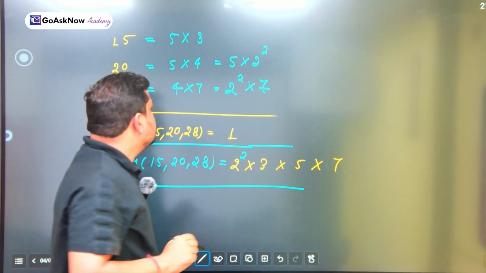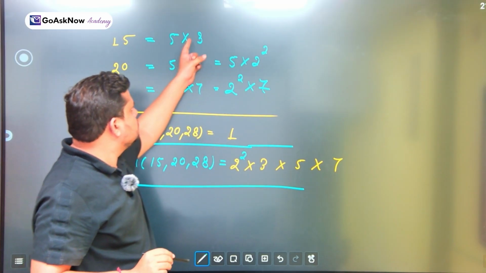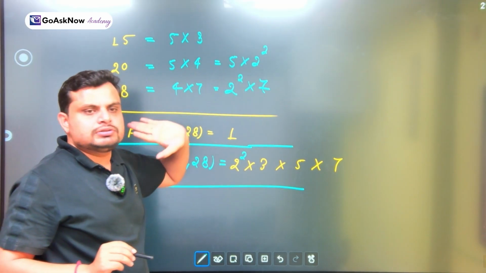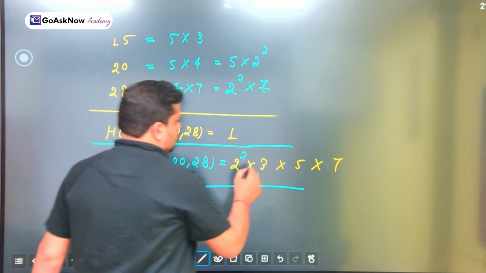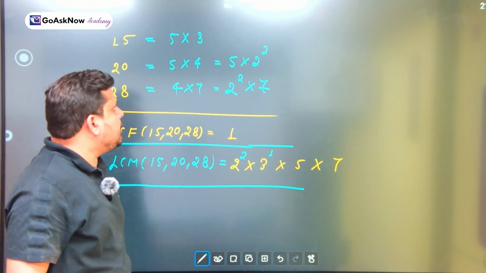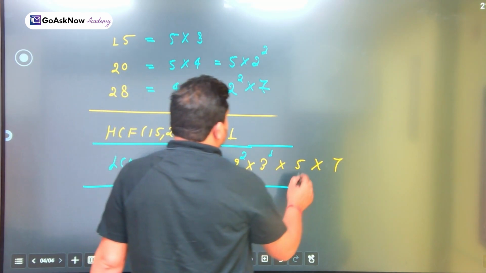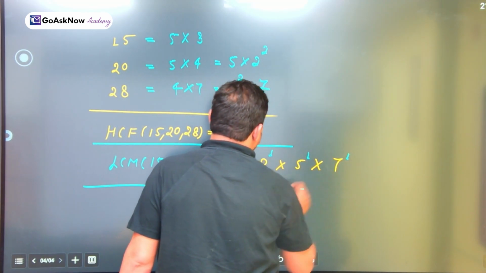Now, what is the maximum power of 3? That is 3 to the power 1. What is the maximum power of 5? That is also 1. What is the maximum power of 7? This is also 1.